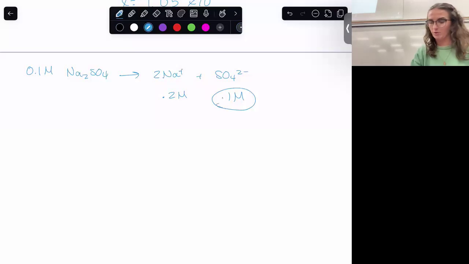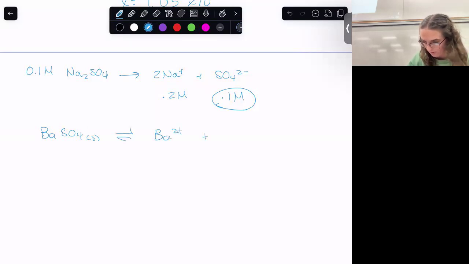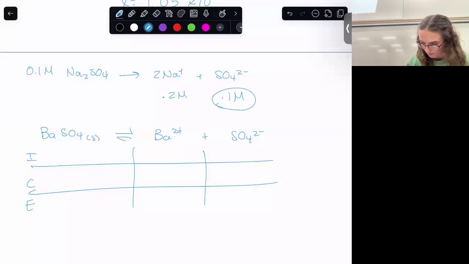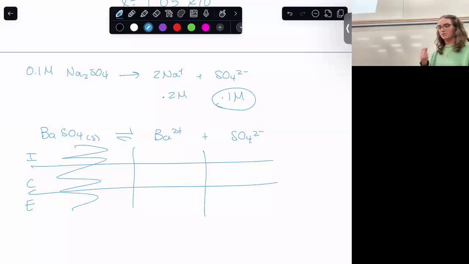So if we're looking at 0.1 molar sulfate ions, that means when we start in our solution, we have barium sulfate. This time when we do our ice table, do we start with 0 and 0 as our initial concentrations? Right, we do have some sulfate.